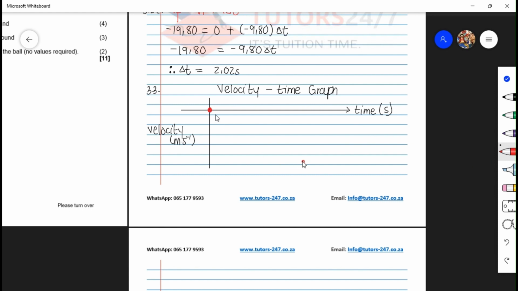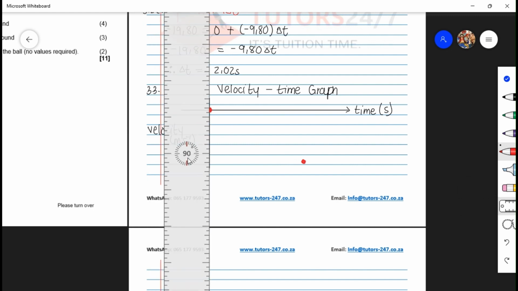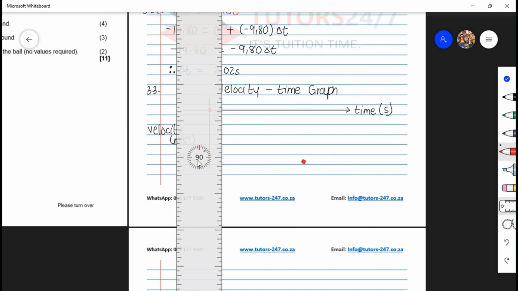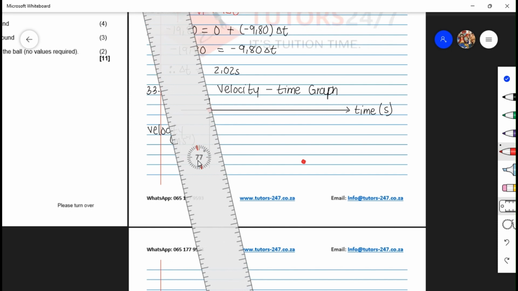Let's make our second point somewhere here, and let us connect these two points.